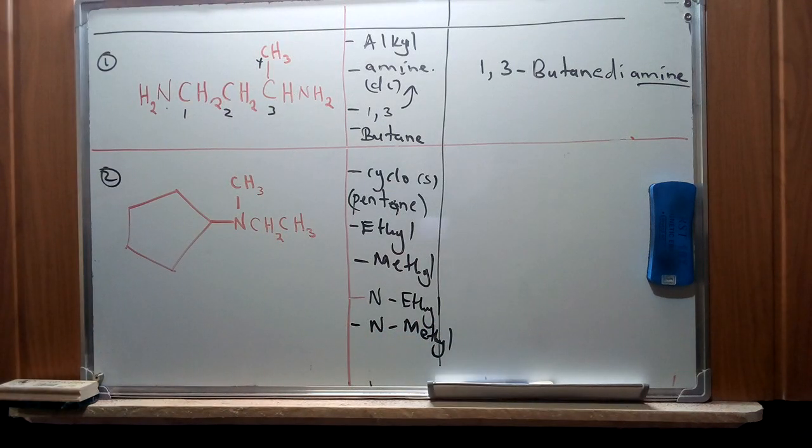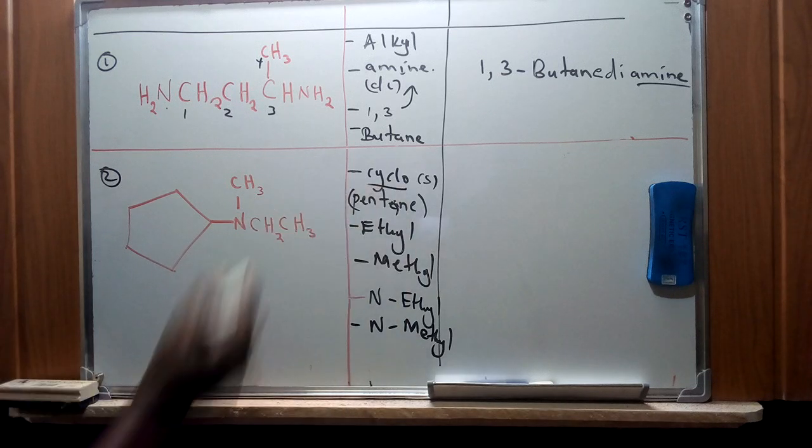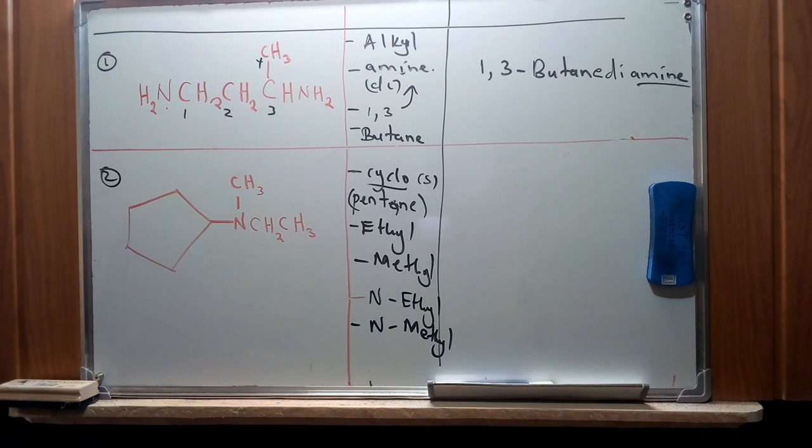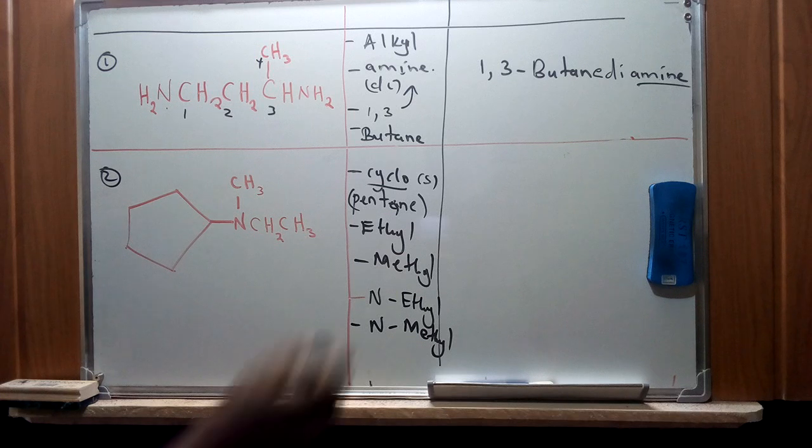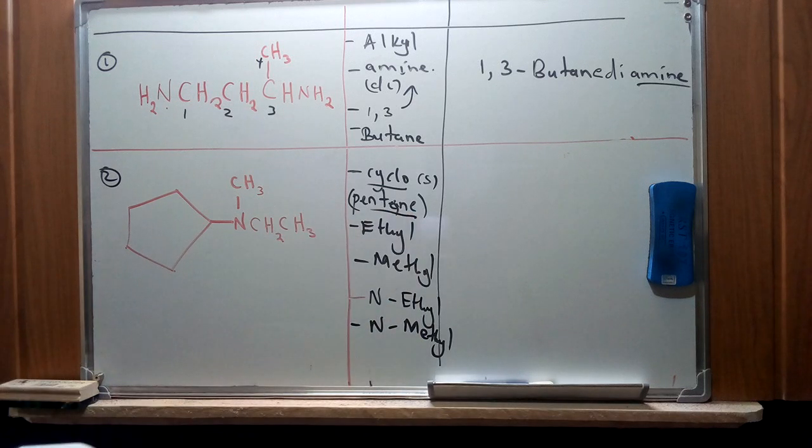So whenever we are naming such a compound, the prefixes will consist of the N substitution for the two different substituents that we have listed, and then there is a concept of cyclo that we are going to consider, bearing in mind that this particular molecule has got 5 carbons, and therefore this is going to give us a pentane.